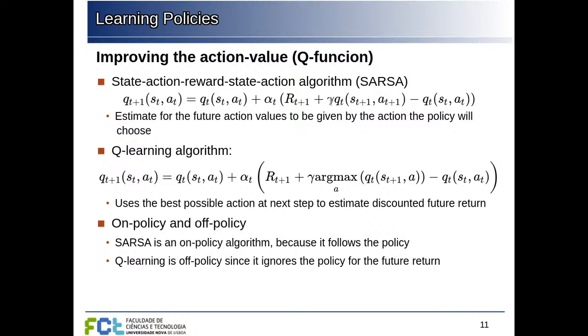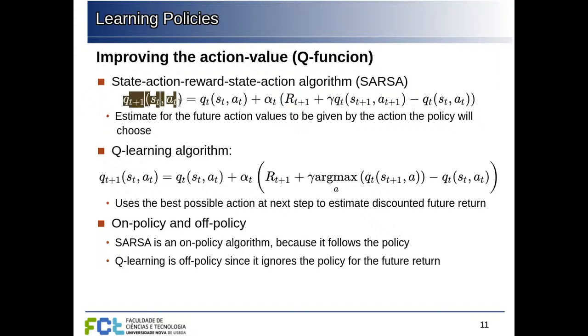Now we can consider that this future return would be from the state that we are now in, the future state. We follow the policy, and so we have a new action at that state, and we go check the Q function to see what would be the expected return at that new state following our policy. So this is the target value.